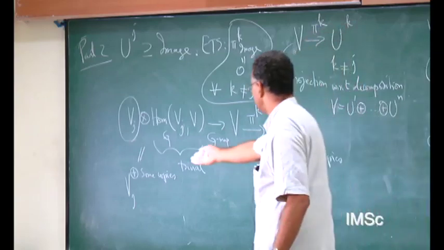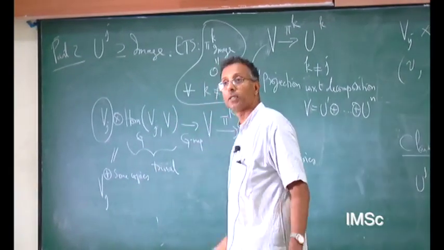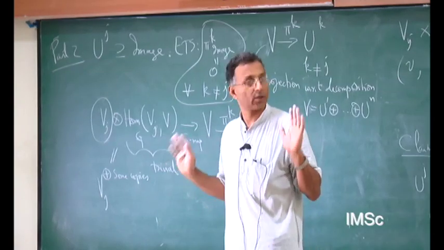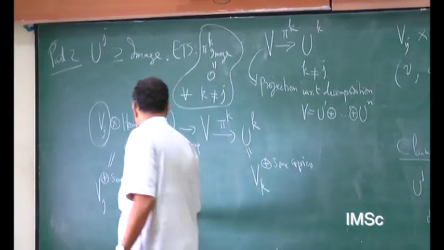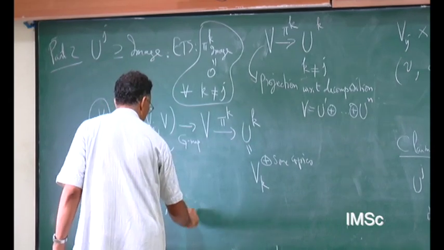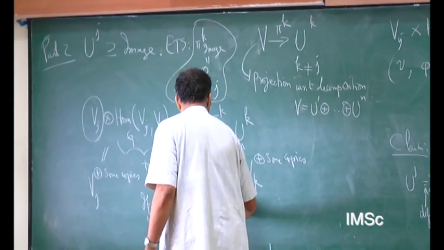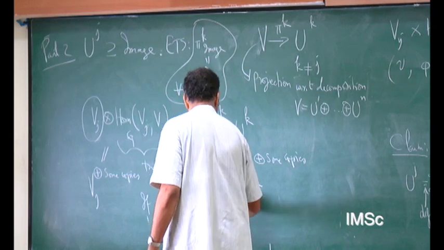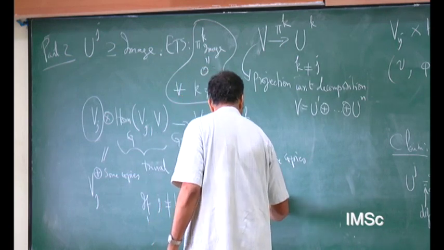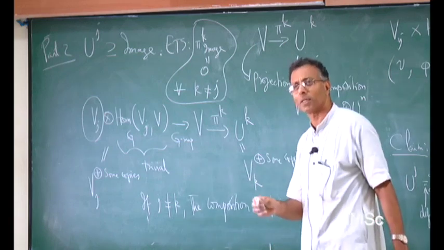So this is Vj some copies, this is Vk some copies, but if j is not equal to k, this is a G map, and there can't be any G map. That's the proof. Since if j is not equal to k, the composition must be 0. So it's rather trivial.